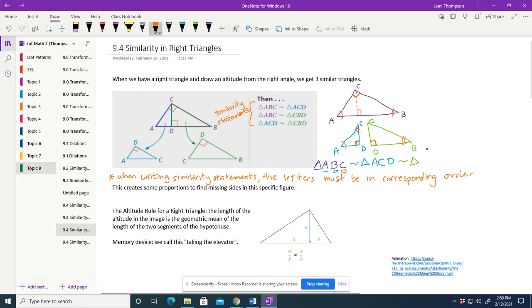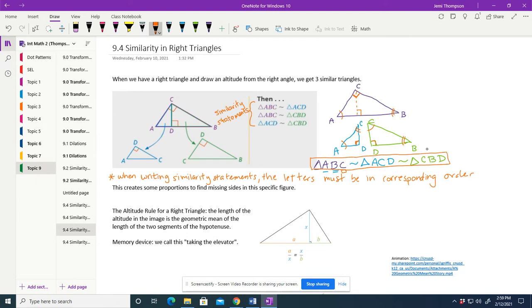So that means A is the same as C. So when I state the green triangle, I'm going to have C first, because it corresponds to A. Then I'm going to have B. And then I'm going to have D. It has to go in this order. They have to be listed in corresponding order.